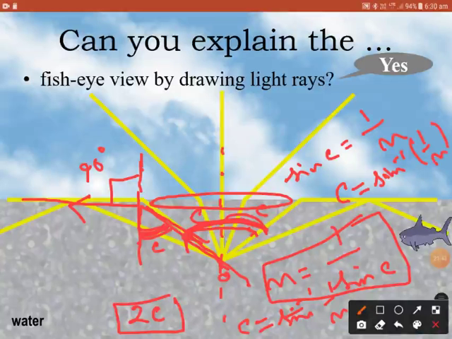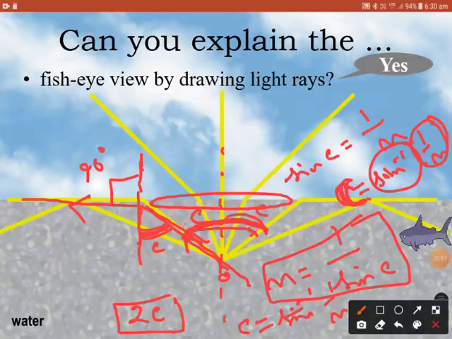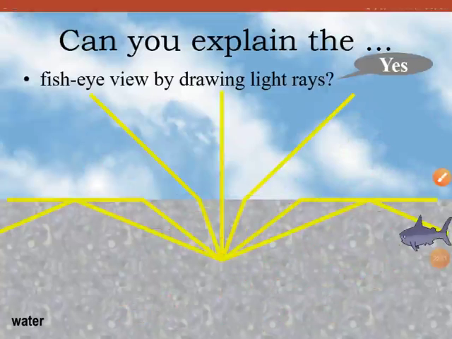So if you find the reciprocal of the refractive index and take the inverse of sine, you will get the critical angle. So double this critical angle C will be the angle of the cone of view of that observer which is inside the water.